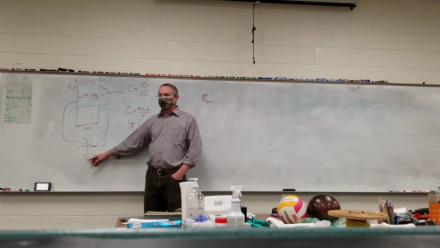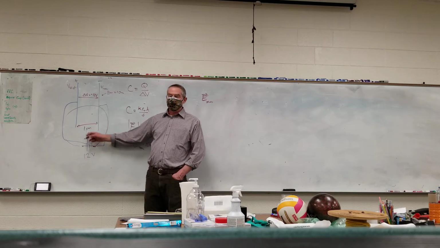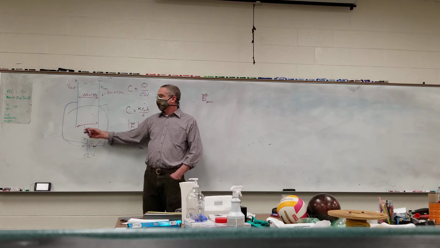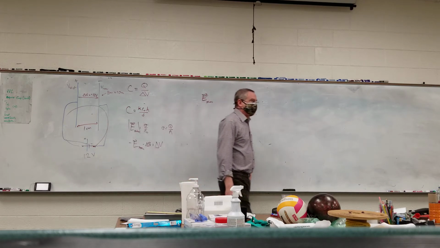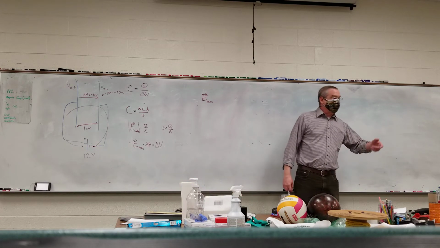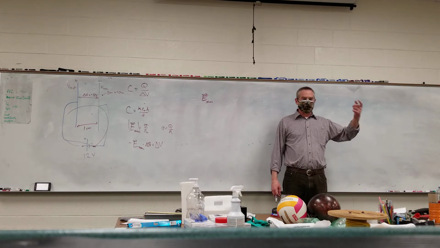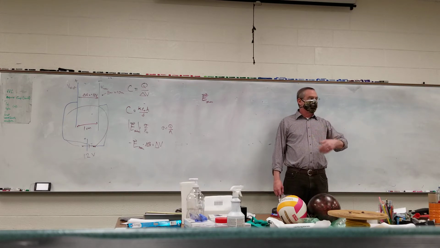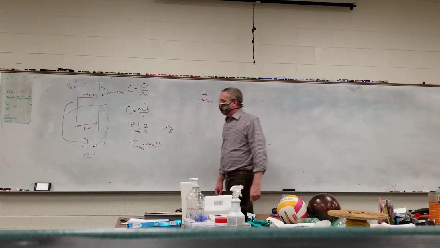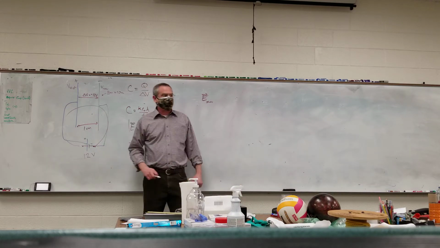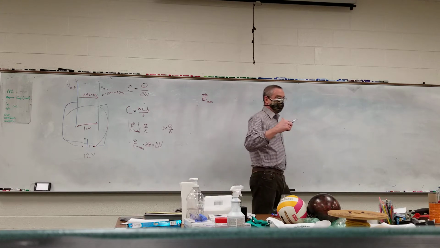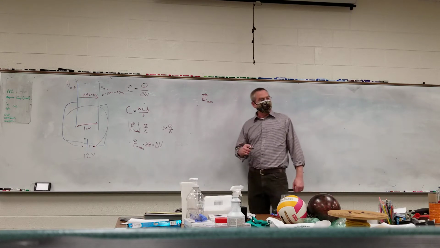If I gain 12 here and I have to end up at 0, I better be losing 12 there. Or the short and quick answer is, as long as the capacitor is hooked to a battery, the voltage across the capacitor is fixed. If I want to change the voltage across the capacitor, I either need to change the battery or I need to disconnect it from the battery.